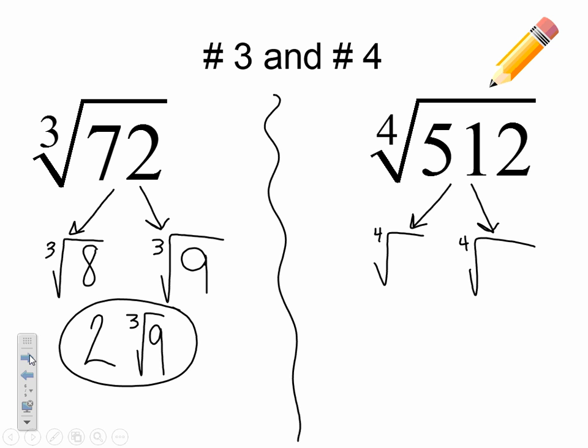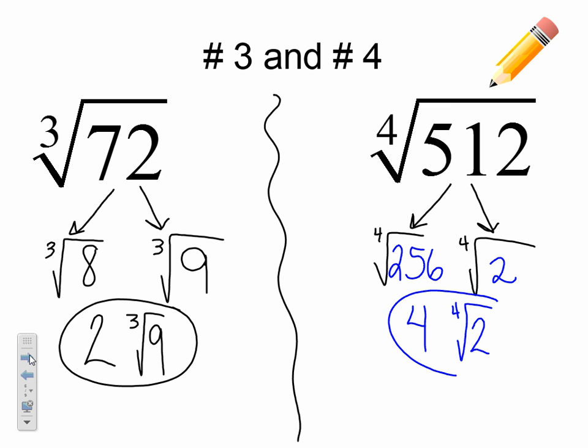The answer is 256 does. 256 times 2. Fourth root of 256 is just the number 4. It is a perfect fourth root. And then fourth root of 2 is my final answer. 4 fourth roots of 2.